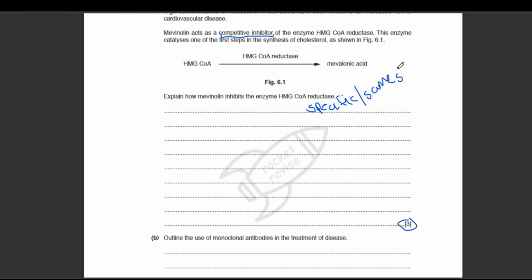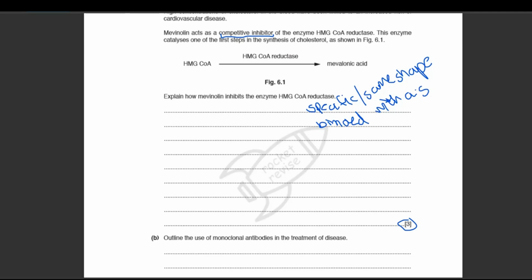Same shape. They had a complementary shape to the active site, bound with the active site. Number 2, this is your important keyword, that it bound with the active site.